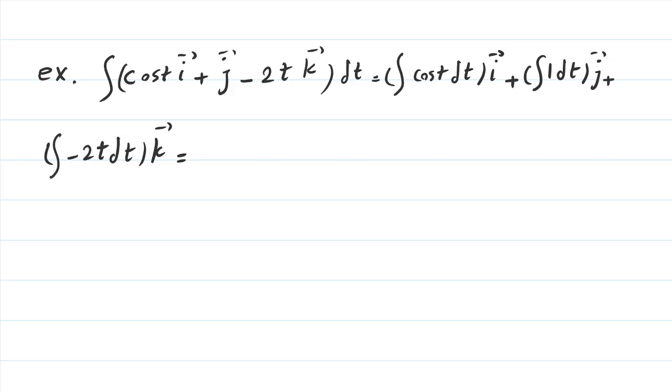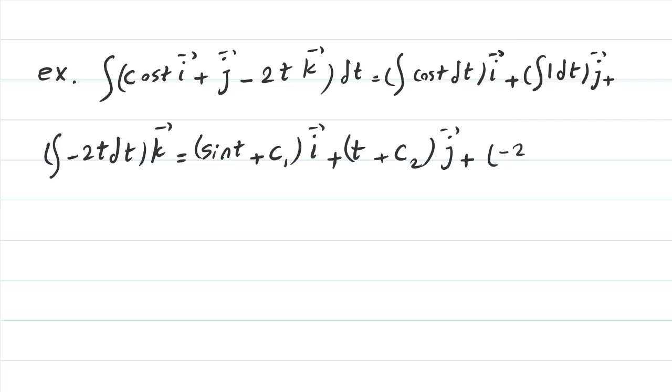Integral of cosine of t is sine of t plus c1 i. Integral of 1 is t plus c2 j. Integral of negative 2 times t is negative 2 times t squared over 2, of course, plus c3 k.